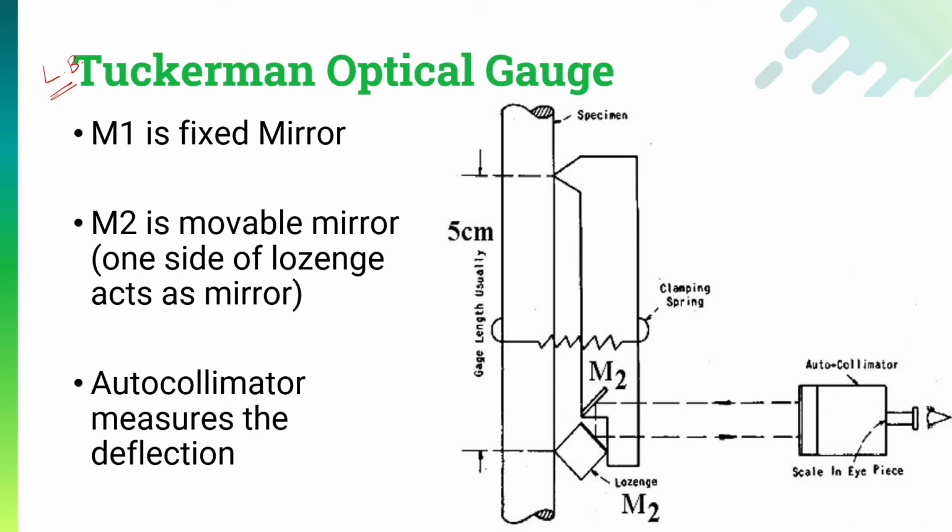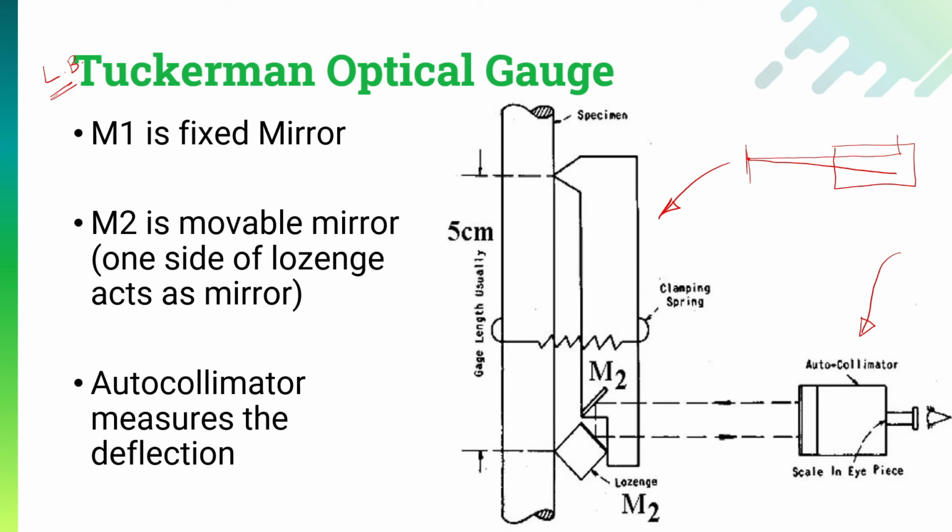Very first part is the extensometer itself, and the second part is the autocollimator. Now this autocollimator basically creates a beam of light with a scale which will be reflected once again, and we will be able to measure the inclination, or say the change of length, that occurs at the second end.